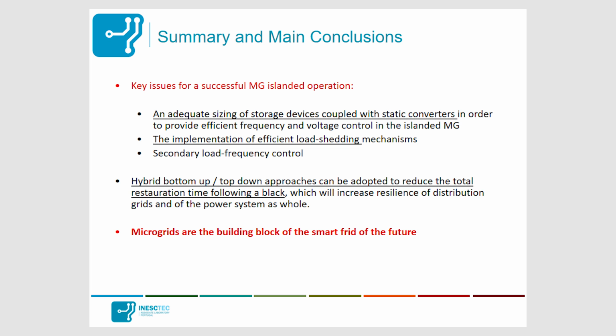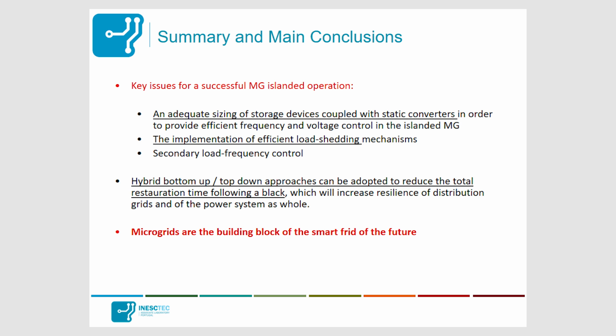Another message that I would like to leave you is that it is possible to develop these hybrid bottom-up, top-down approaches for black start. This is extremely important because in this way we are capable to reduce the total restoration time following a blackout. And this is something that utilities, system operators are looking more and more.